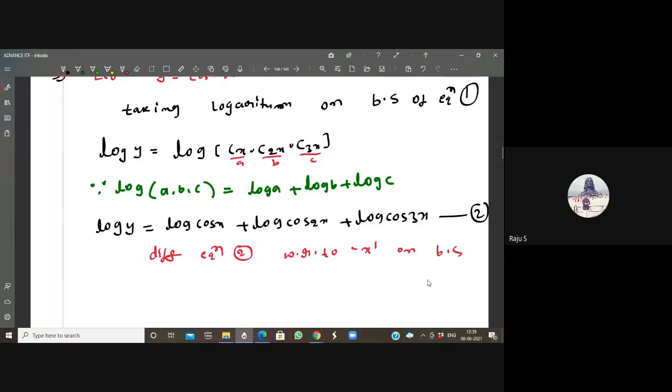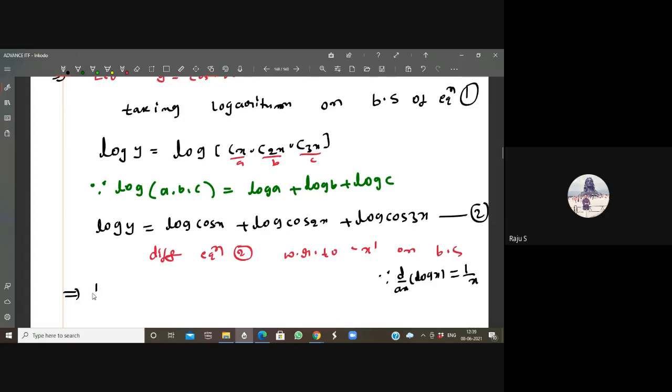Since we know, can anyone say, what is the derivative of log x? d by dx of log x is 1 by x. Apply this property here, as all are logarithmic functions.